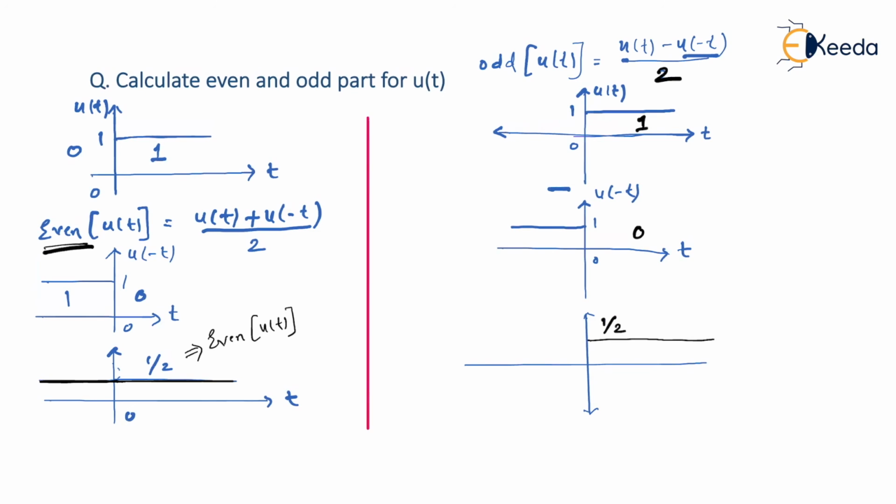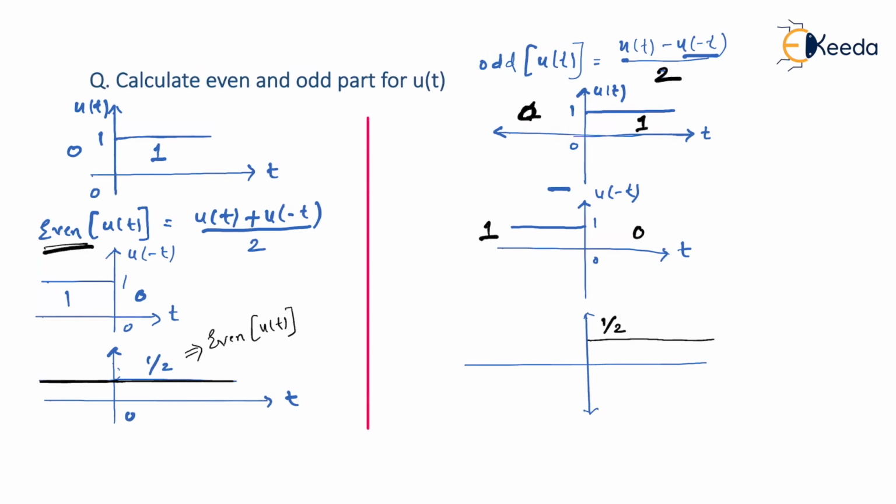Am I right? Similarly, on the left hand side, now this is 0, and what we have over here is 1. What is 0 minus 1? It is minus 1, divided by 2, so it is minus 1 by 2. So on the left hand side, we have minus 1 by 2.